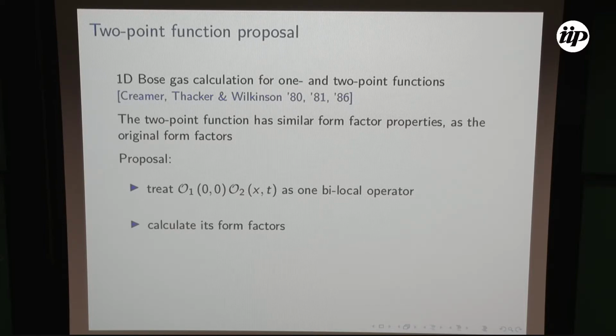And if it does, then there's the hope that we can just plug it in the LeClair-Mussardo 1-point function, and we reduce the 2-point function calculation to the 1-point function calculation with somewhat trickier bilocal form factors and more info. So that's the idea of the conjecture, or the proposal.